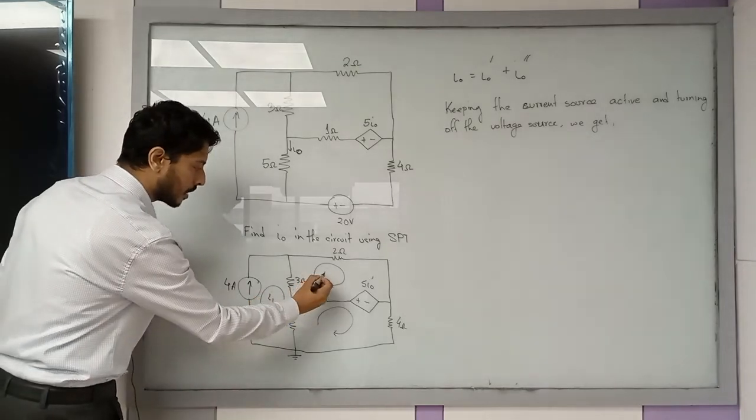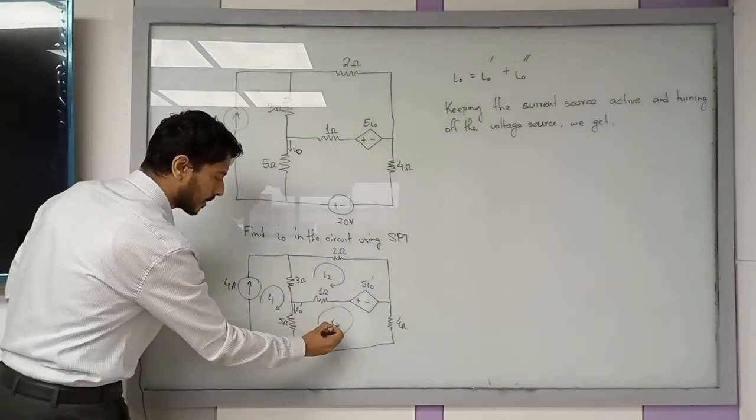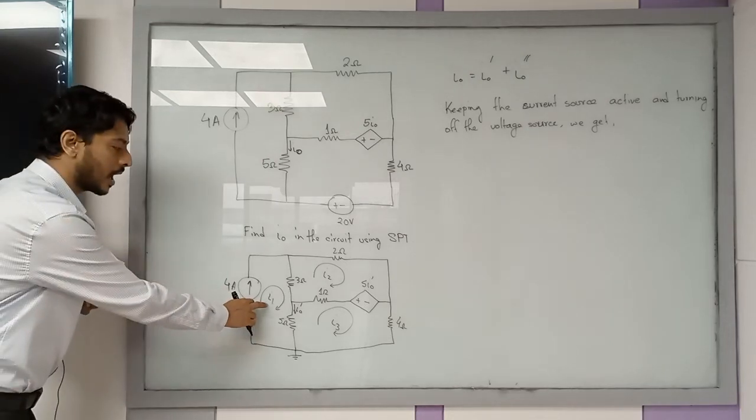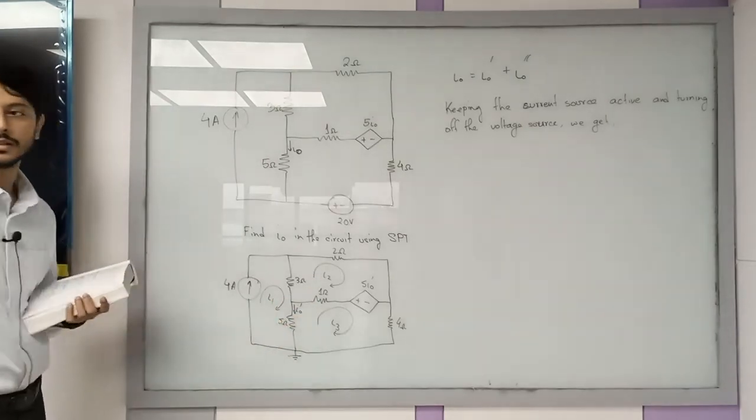Let's say this is I1, this is I2, and this is I3. Okay? Now you have to apply KVL to each individual loop and find the equations. And then you have to find this I1, I2, and I3 first.